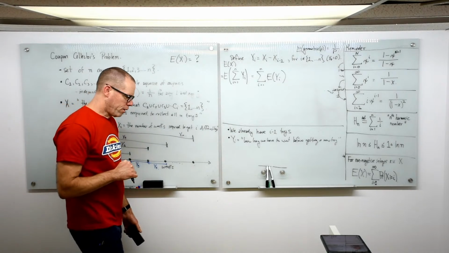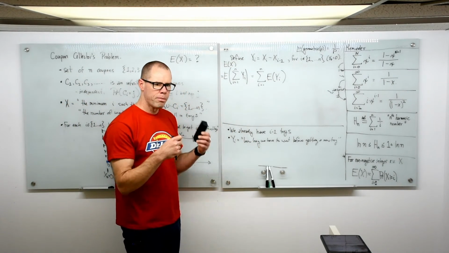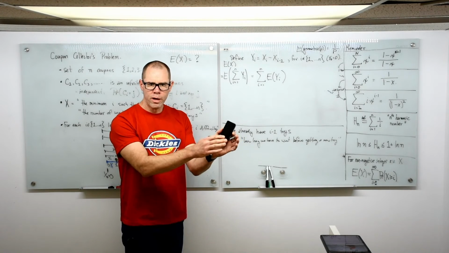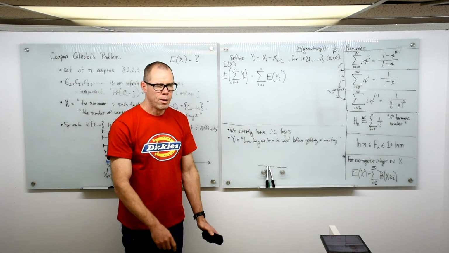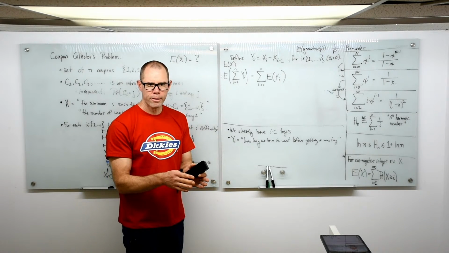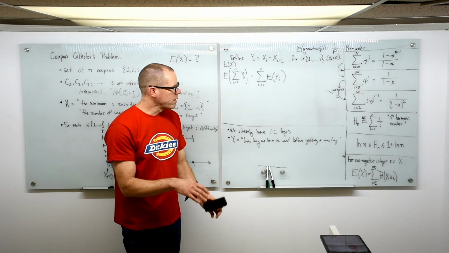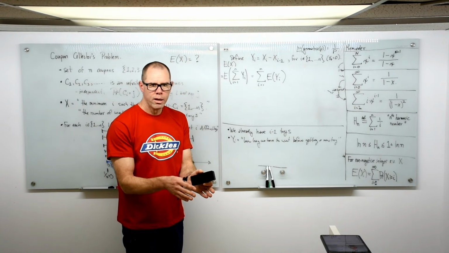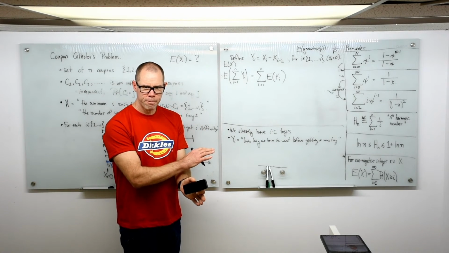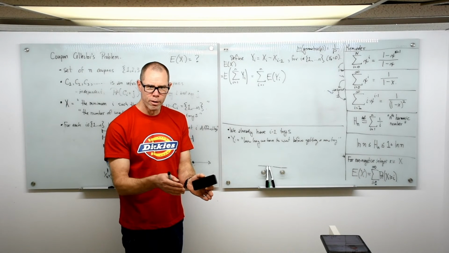Okay, so I collected my i minus 1 toys, and now I go to the store the next week. What is the probability that I get a new toy? Well, two things can happen when I go to the store the next week. I could get one of the i minus 1 toys that I had before, or I could get one of the toys that I didn't have before.